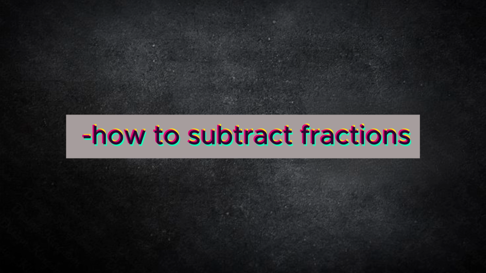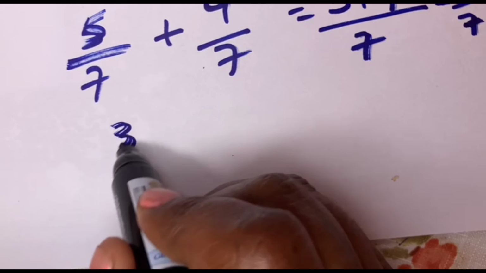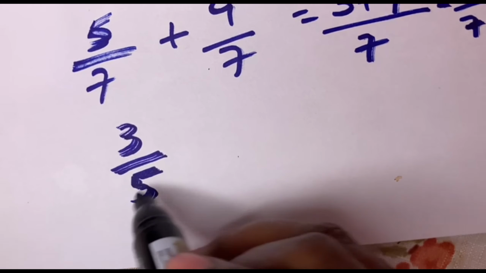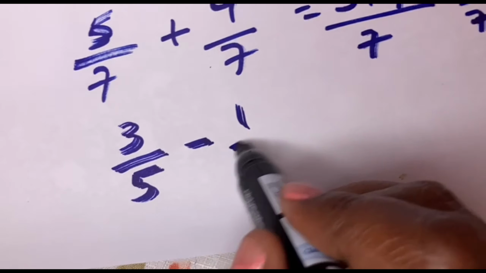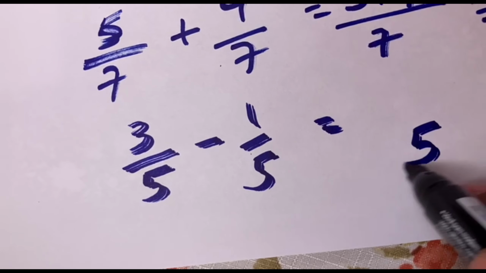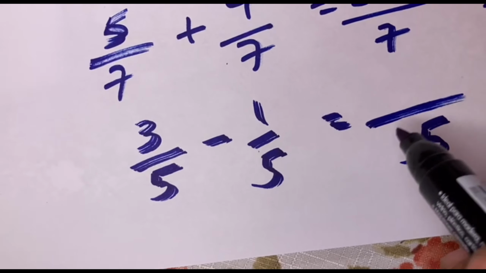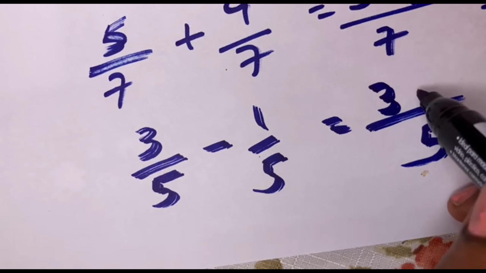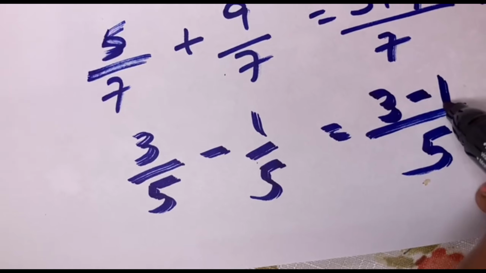And for subtraction, it's the same thing. For example, let's subtract 3 over 5 minus 1 over 5. We take 5 as a denominator, one of them, then subtract the numerators.